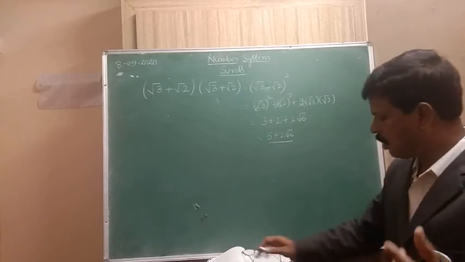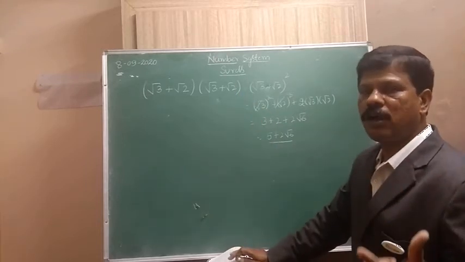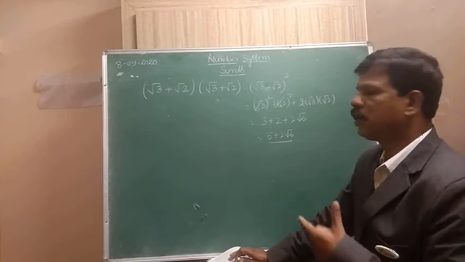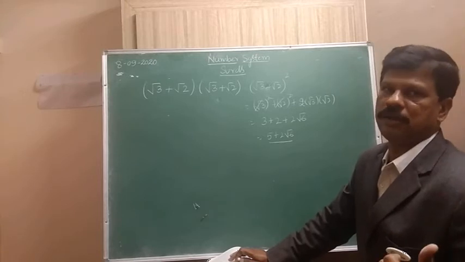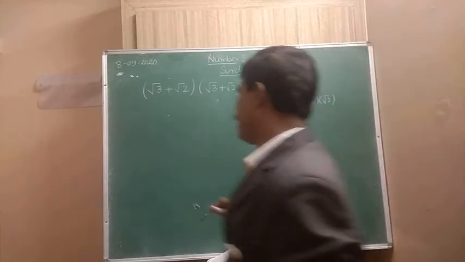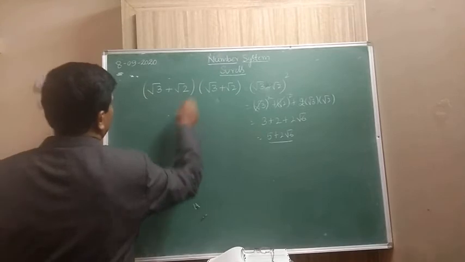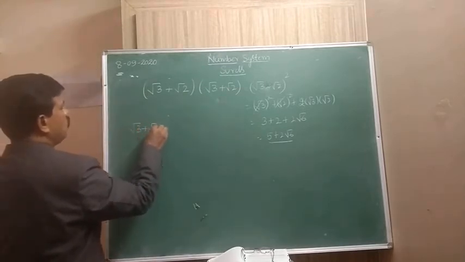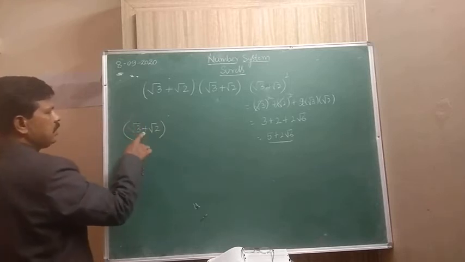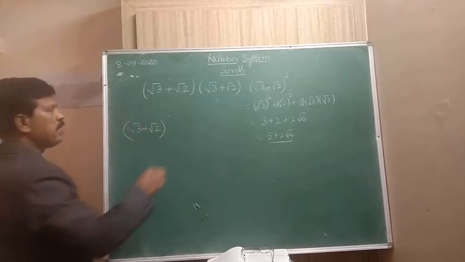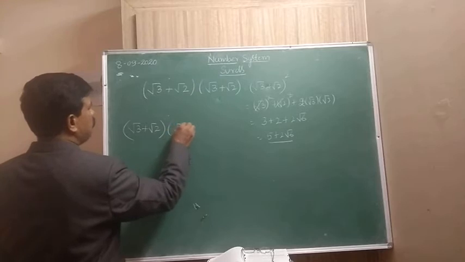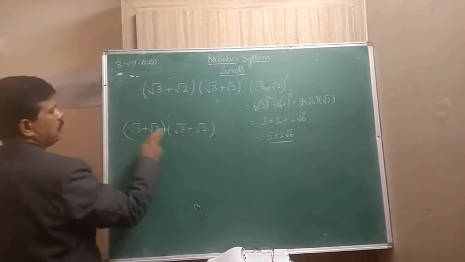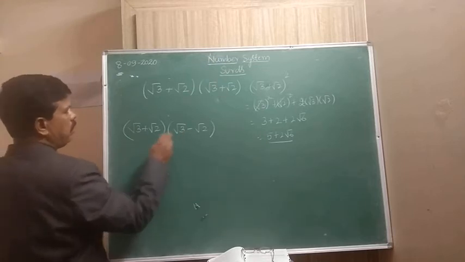That means for a binomial surd, if you write the same as the RF, you won't get a rational number. Then how to take it? Here I am writing root 3 plus root 2. Just change the sign of the binomial. Then you write root 3 minus root 2. Then this is what? (a + b) into (a - b).